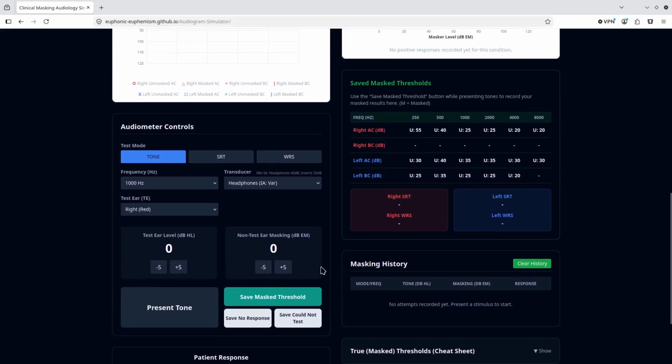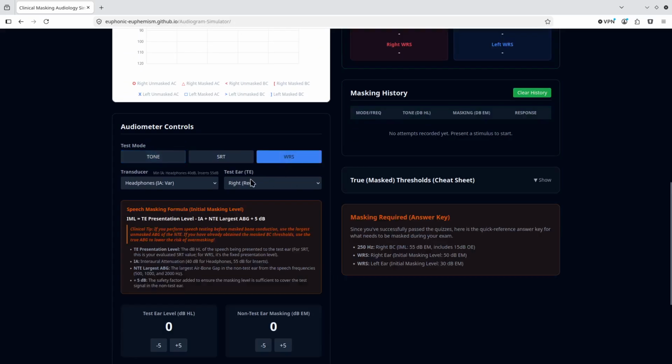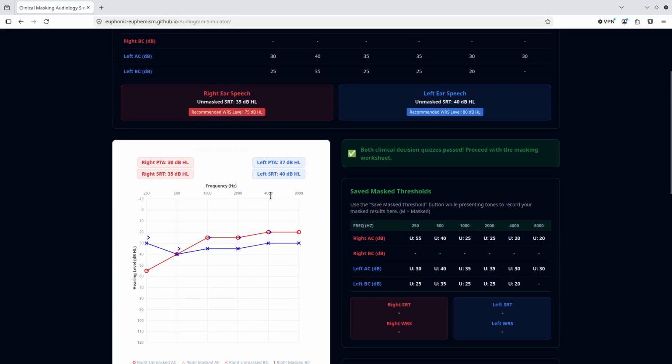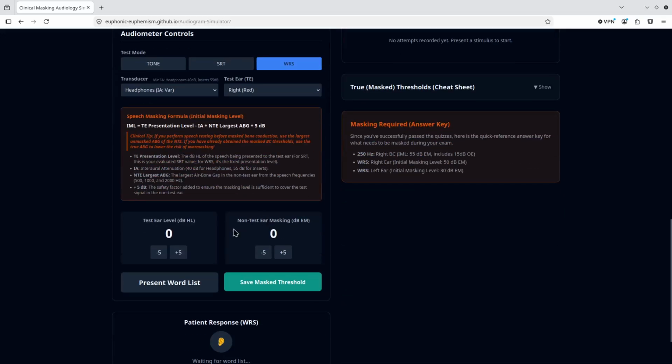So let's start with word recognition masking. For word recognition masking, you can see I got the safety factor back in. It was missing before, but we've got the little formula corrected there. So we're going to start with word recognition at 75 dB in the right ear. We'll present it at 75 dB, and we look at the minus interaural attenuation level of 40.